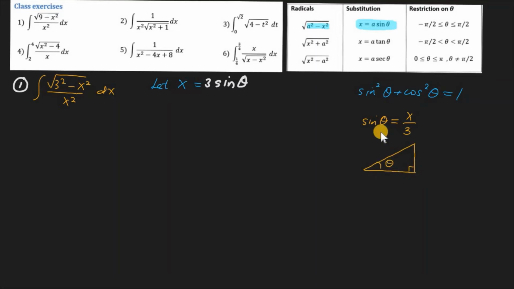If this is theta, definition of sine is opposite on hypotenuse. So for this side, the length adjacent, the formula is the square root of c square minus a square, or another way to say, square root of 3 square minus x square. That is the length of this side adjacent to the angle.